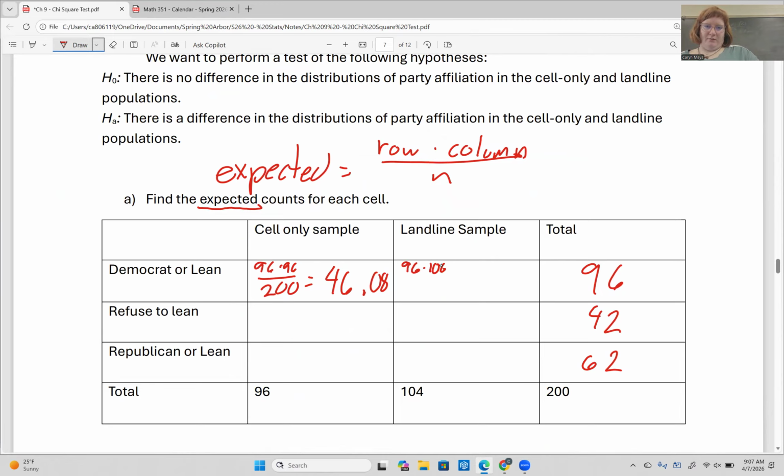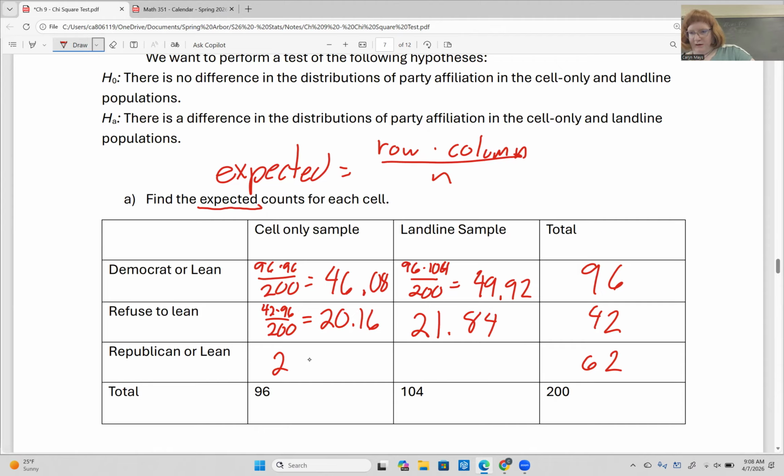Row times column all over our total, which should get 49.92. Refuse to lean with only cell phones is 42 times 96 all over 200, which is 20.16. And for the rest, I'm just going to fill in the numbers: 20.84, 29.76, and 32.24.